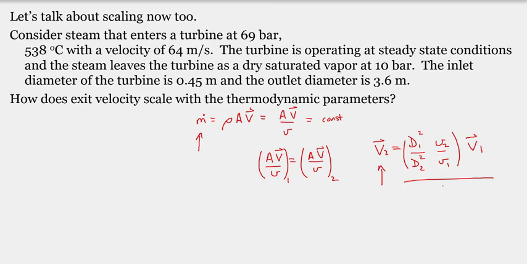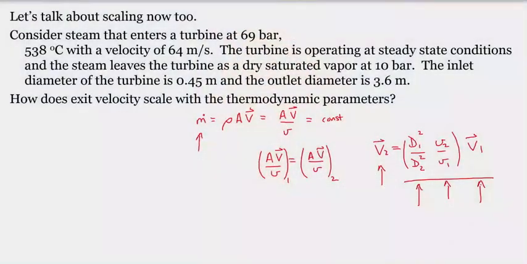All we had to do is take the state information that we looked up from our state tables and the given information on the diameter of the pipes and the entrance velocity. So sometimes we can save ourselves a lot of mathematical work, and that's also an opportunity for us to make errors, by being insightful, looking at the dependence of the problems and their parameters and how they scale on key variables.